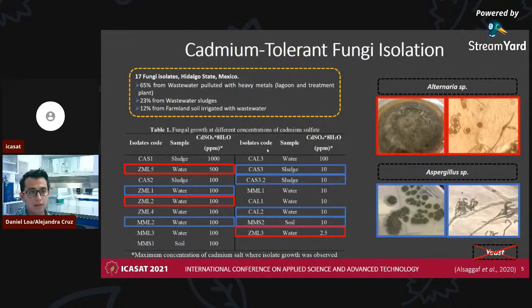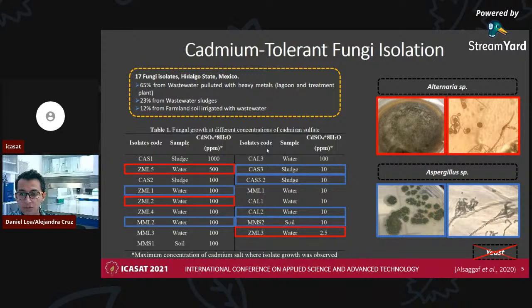Here we have 17 fungi isolates obtained from different locations in Hidalgo State, Mexico, of which 65%, 23%, and 12% came from different locations, for example wastewater polluted with heavy metals, wastewater sludge, farmland, and soil irrigated with wastewater.